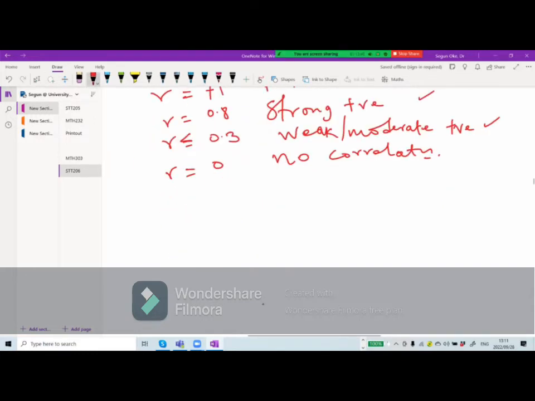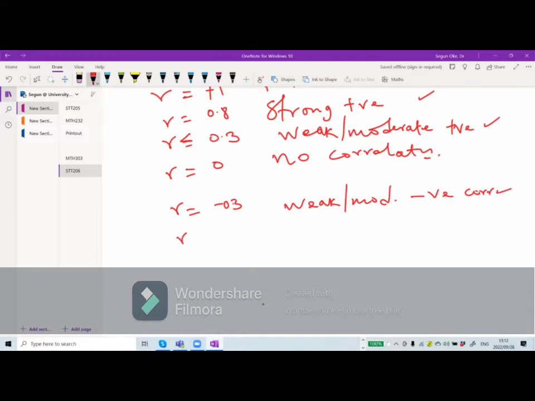Then when you have R equal to -0.3, you have weak or moderate negative correlation.